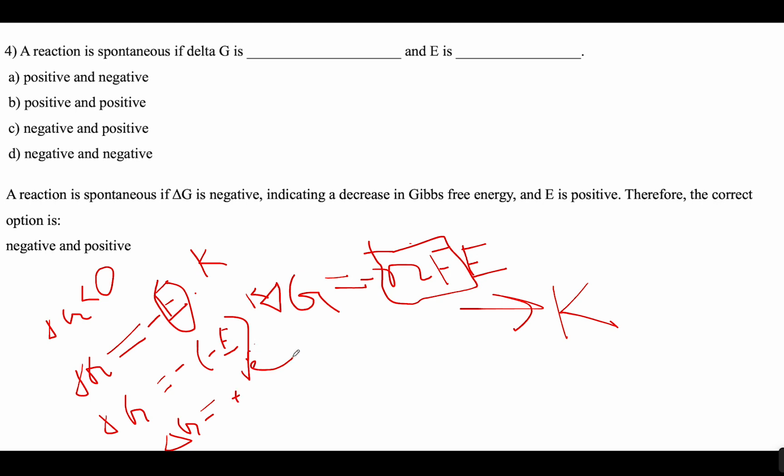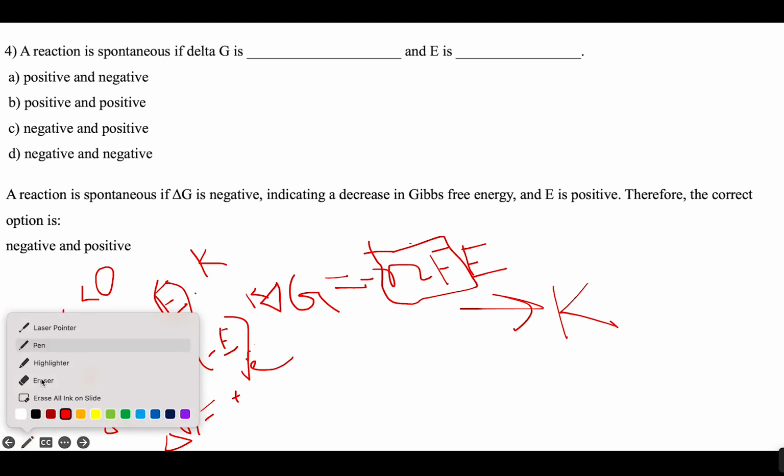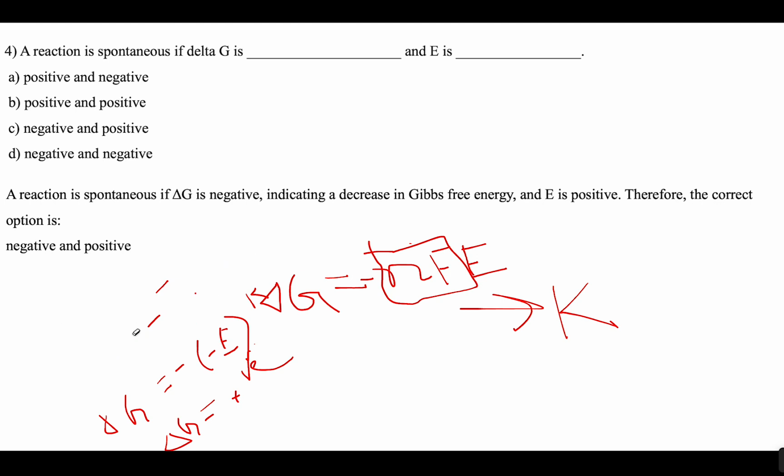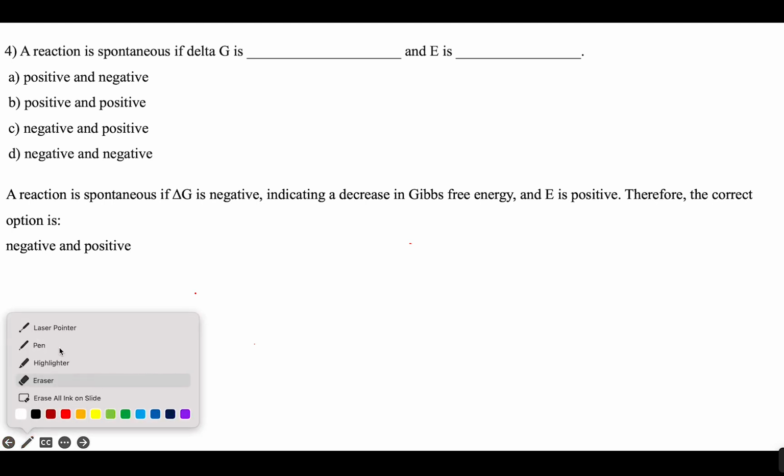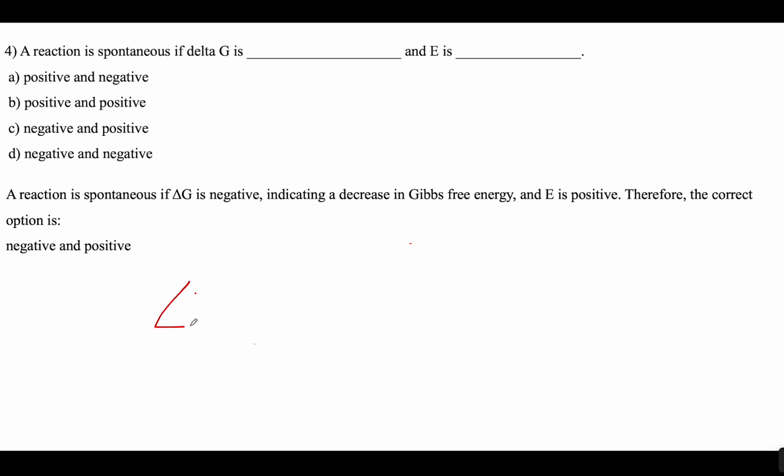So based on the delta G value, we can describe three states. First, if delta G is less than 0, the reaction is spontaneous.